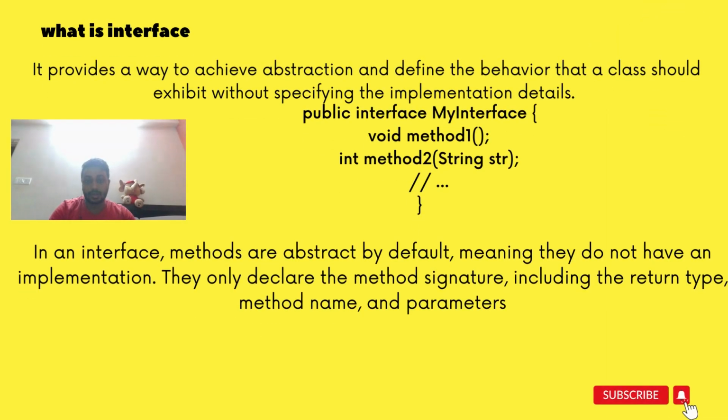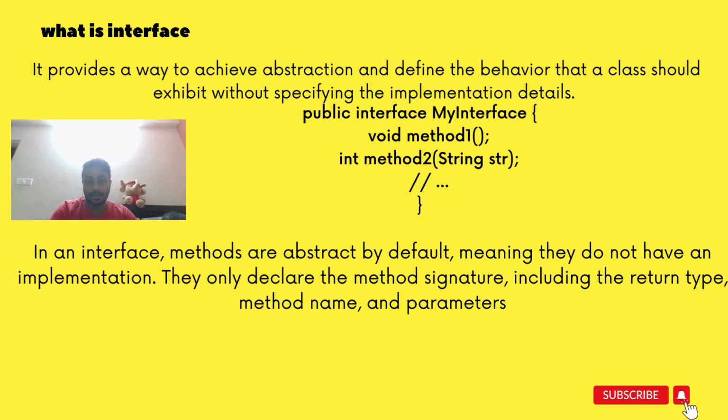So, what is an interface? Basically, an interface is a way to achieve abstraction and define the behavior that the class should exhibit without specifying the implementation details. If you see here, we have defined a public interface, MyInterface, and there is a void method in there.